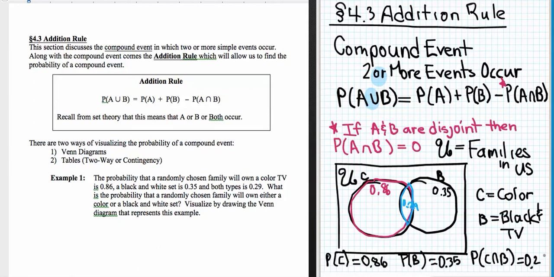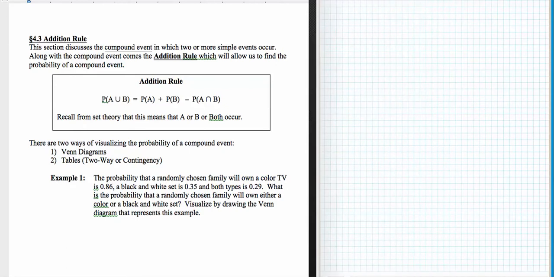So now that we have all three of those written down and we've visually described them, our last question is, what's the probability that we have either or? Either or has to account for the fact that when we are looking at the color or black and white set, we double counted those that had the 0.29.